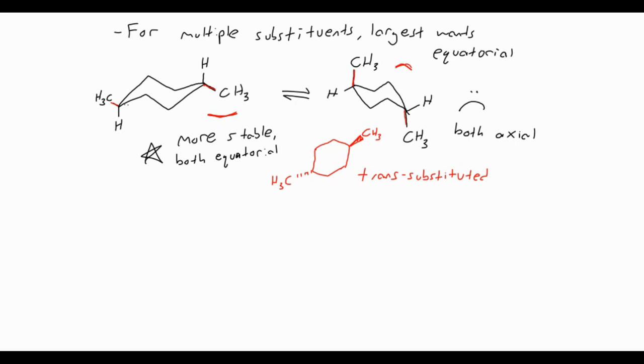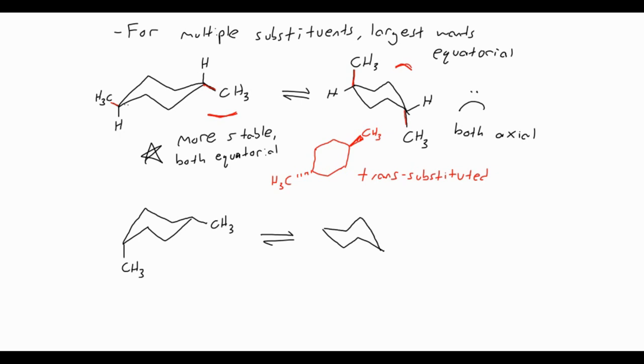But what if we have a cis substituted cyclohexane? Well, we can draw that here, where maybe we have our methyl here, and then now we have our methyl in the axial position this time. See how they're both pointing down, they're both on the same side of the ring. And if we do our chair flip, we will find out that it doesn't matter.